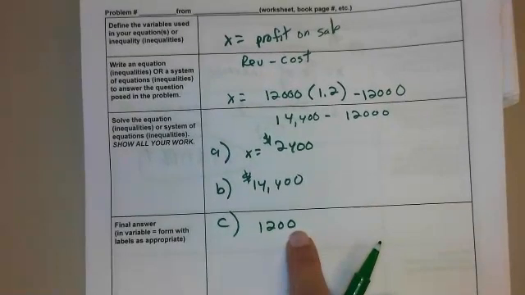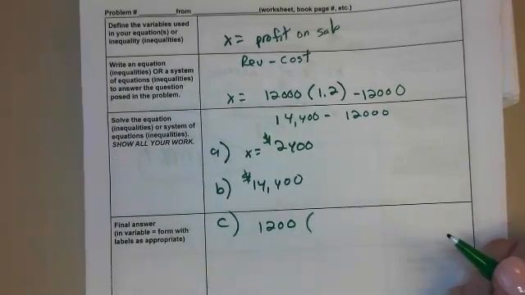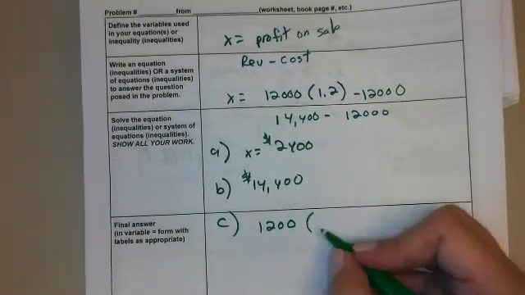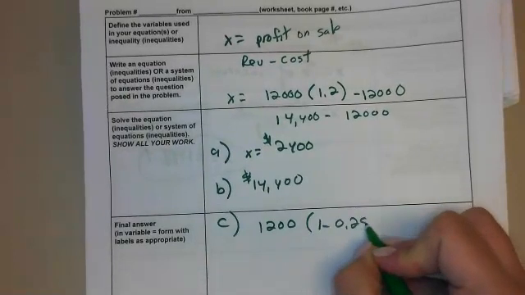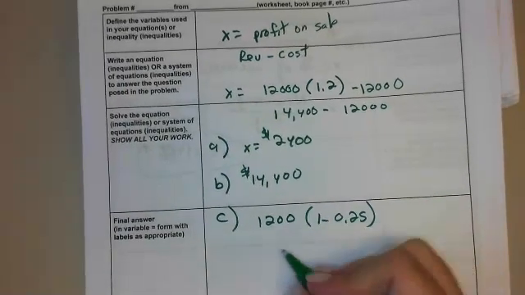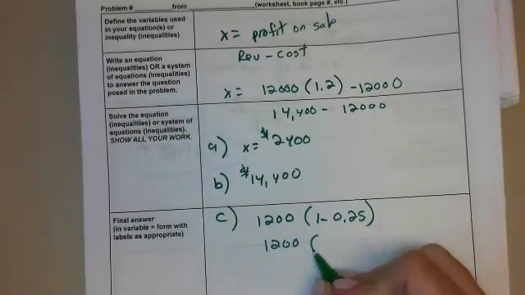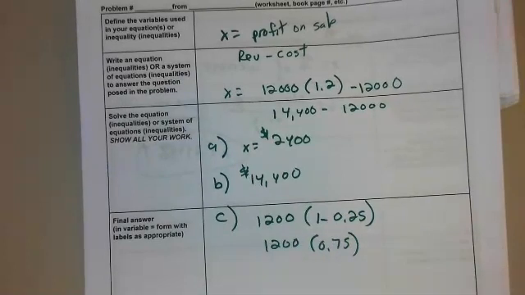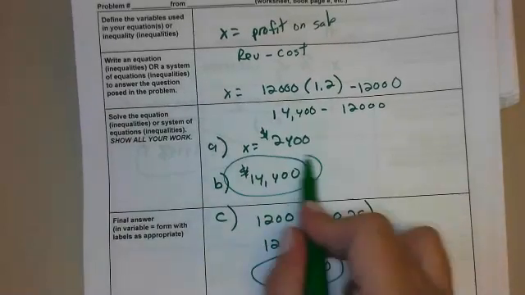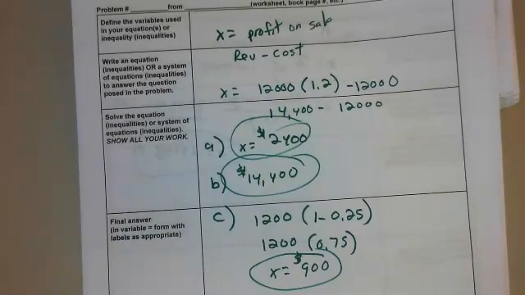I hope you recognize you're going to have to take that times 75%, right? 1 minus 25%. You're going to get 1,200 times 0.75. If you pop that in your calculators, you're going to get x equals $900. And there you have it. So that's how you do part A, B, and C.